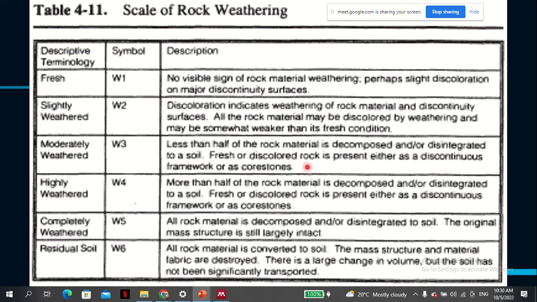Fresh or discolored rock is present either as a discontinuous framework or as core stones. Highly weathered, W4: more than half of the rock material is decomposed and/or disintegrated into soil. Fresh or discolored rock is present either as a discontinuous framework or as core stones.